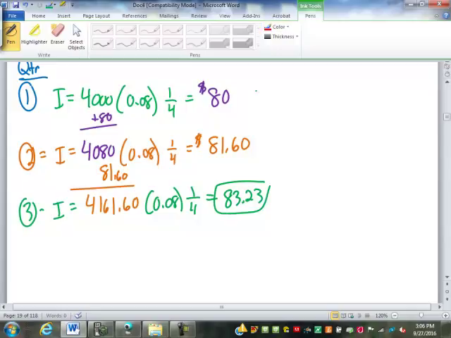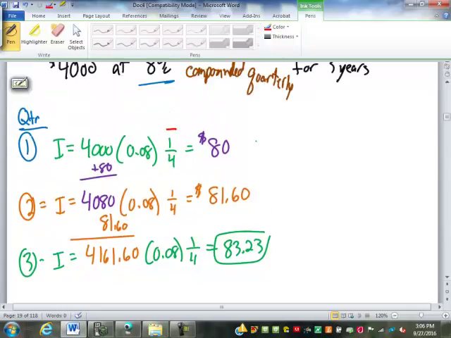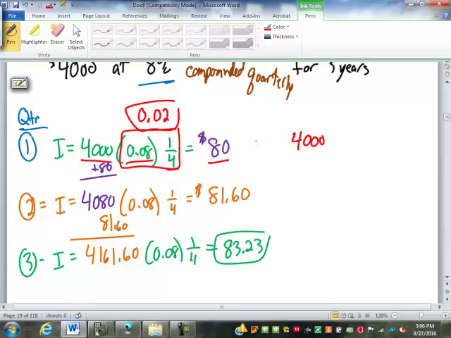First thing I see here is this right here. It's always 0.08, the 8% times 1/4. What is 0.08 times 1/4? 0.02. So what I'm really finding here is just 2%. If I found 2% of 4,000, that's my $80. All I did was found 2%.